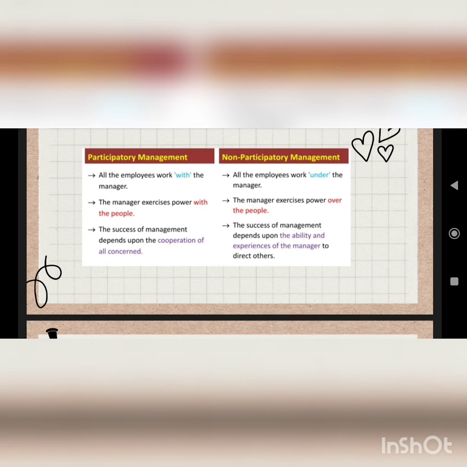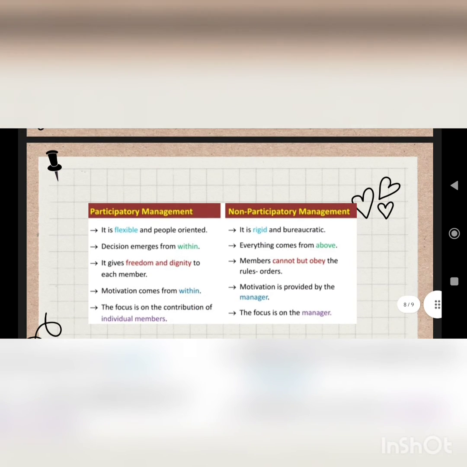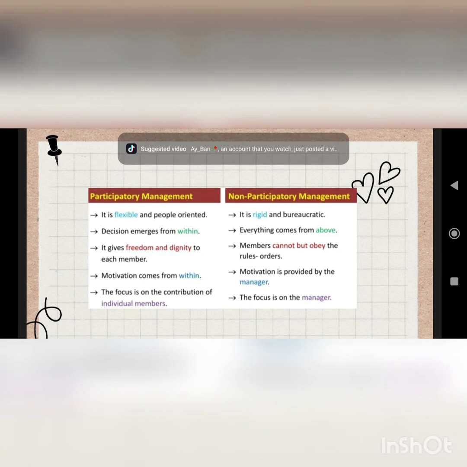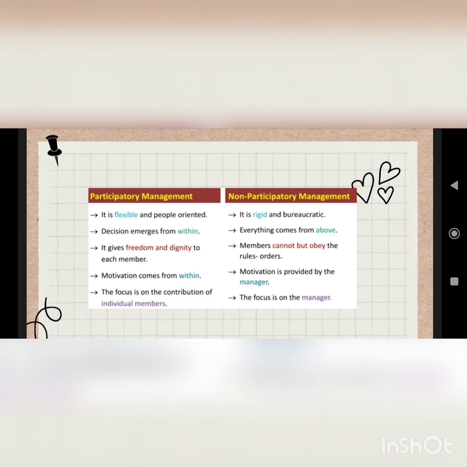That is a learner-centered approach. Another difference: participatory management is flexible and people-oriented, while non-participatory management is rigid and bureaucratic.